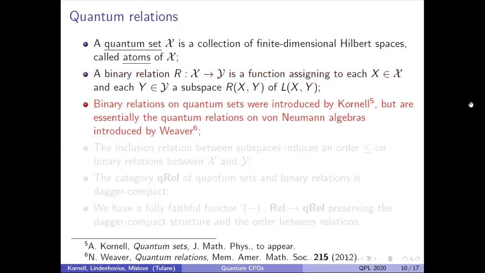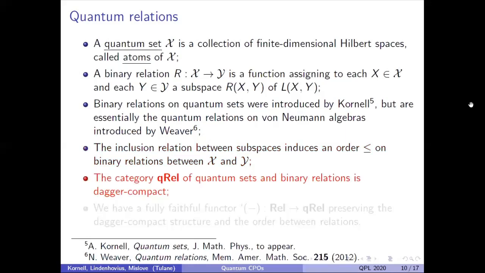So these binary relations on quantum sets were also introduced by André Kornell, but I have to mention that they're essentially the quantum relations on von Neumann algebras, which were introduced by Nik Weaver. Now, just like we can order ordinary relations between ordinary sets, they are basically sets themselves, so we can order them by inclusion. We can also order binary relations between quantum sets.